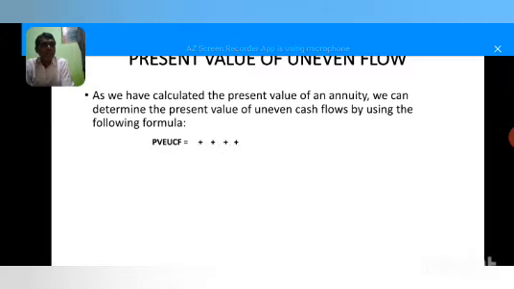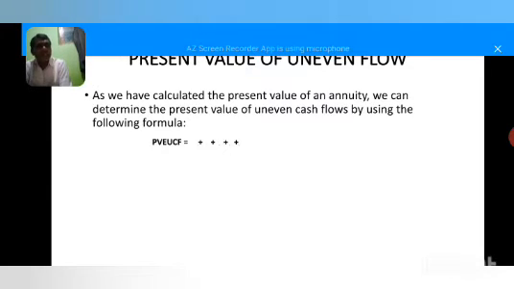Whatever principles are followed in the calculation of present value of even cash flow, the same will be adopted in the case of uneven flow. Under even cash flows, the amounts remain the same or uniform.